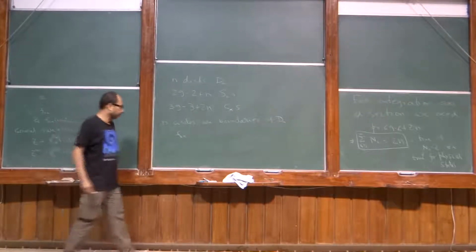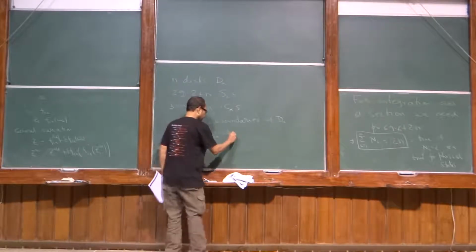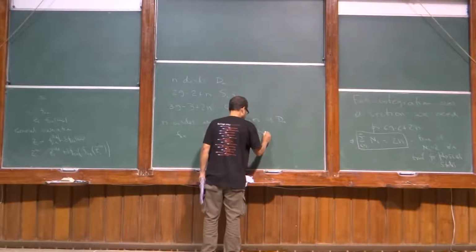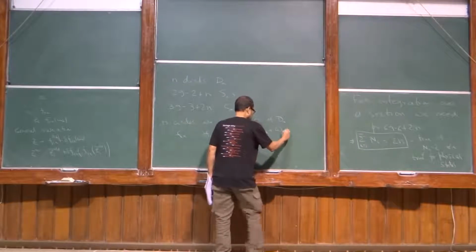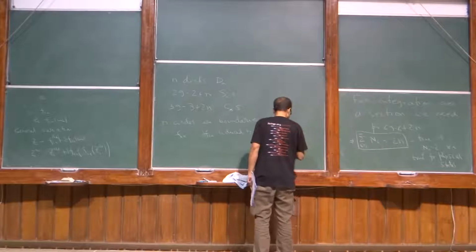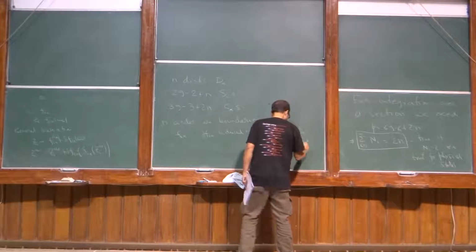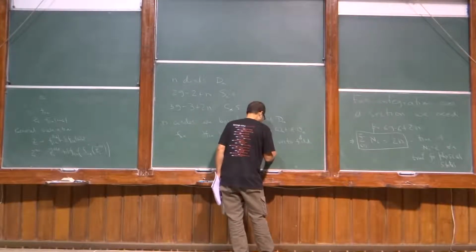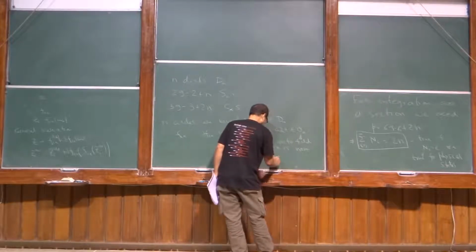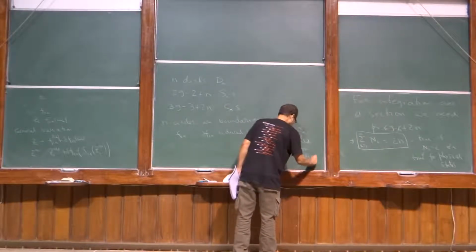Now you consider delta Fi induced by WA into WA plus some epsilon times D. This is some vector field which is non-singular inside here.